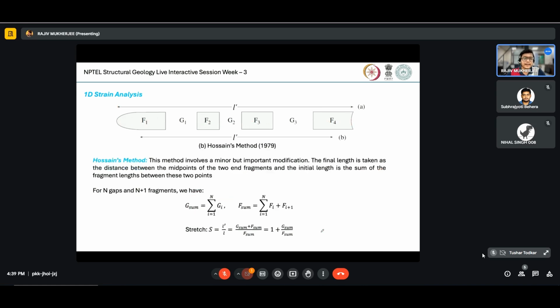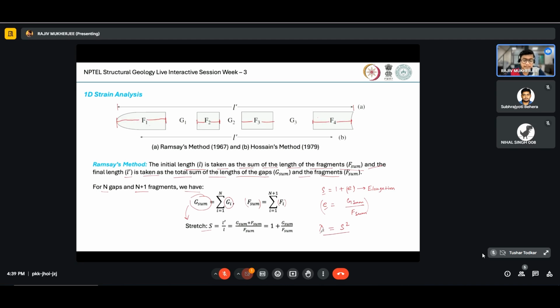Now we have another method which is called Hossain's method, which was proposed in 1979 by Hossain. From the previous method, Ramsey's method, the photograph or the schematic that has been shown here is very much a textbook-like feature.